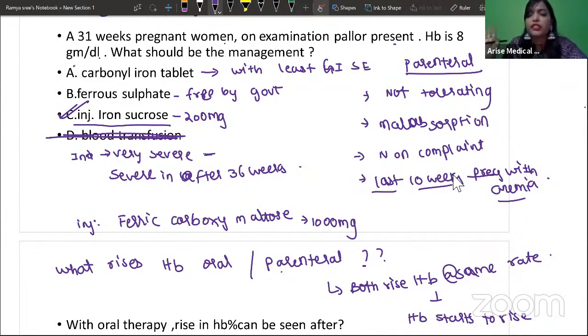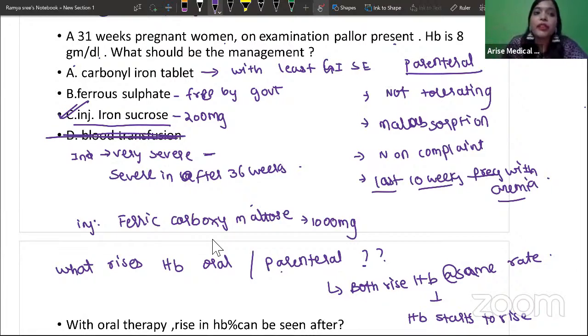So I want to be reassured that the iron I have given will raise hemoglobin. So I keep her in the hospital, inject the iron and send her home. So it's mainly for compliance purposes. The take home message is, we tend to give parenteral therapy when a patient comes to you with anemia in the last 10 weeks.